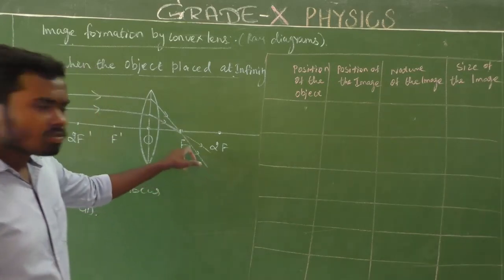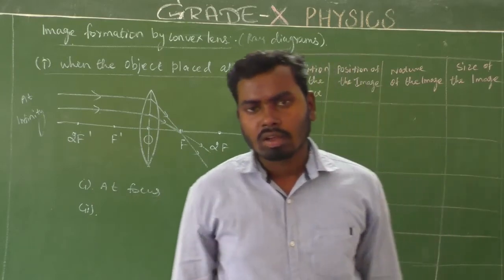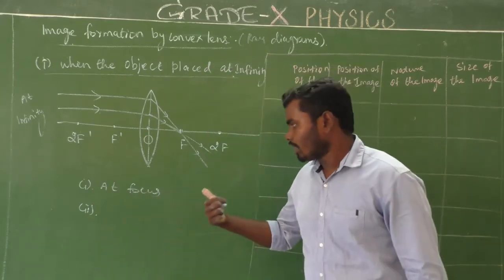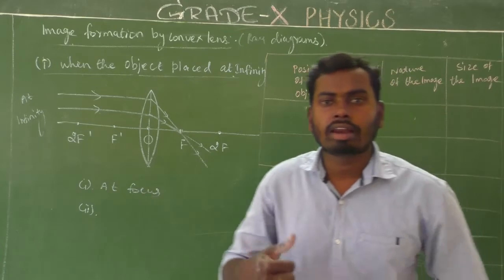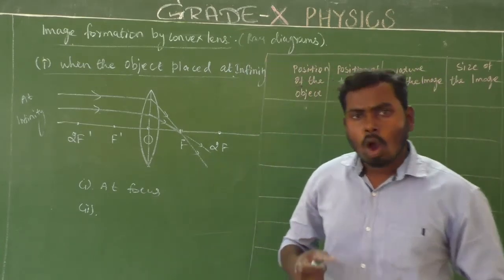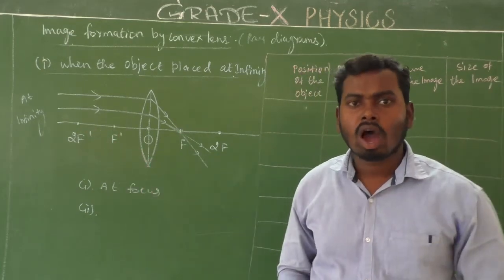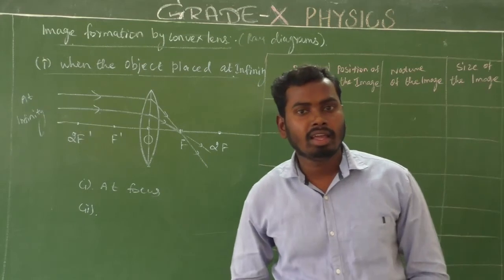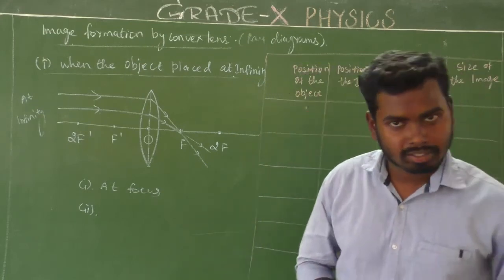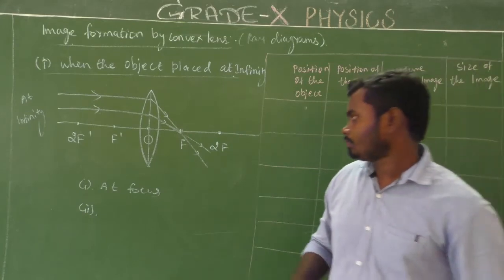Next question arising here: whether it is a virtual image or a real image. That is the question. Which is the right one? How can we say whether the image is a virtual image or a real image? Already you studied this clearly in the topic of spherical mirrors. Look at here. Once again I will recall it.